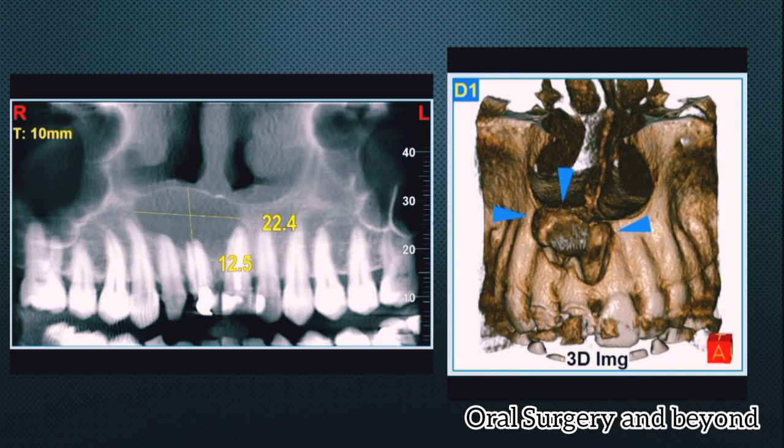So how is it helpful? This is a case of trauma 10 years back that ultimately developed a cyst. Here we can see that the cyst dimension is almost 22.4 millimeter laterally and vertically 12.5 millimeter. We can see the midline extension also on the other scans.